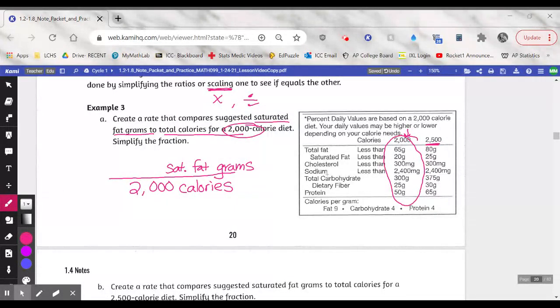So each row here breaks up the diet into different parts because we eat different kinds of nutrients throughout the day or for our overall diet. So we have fats, we have cholesterol, we have sodium, we have carbohydrates, we have protein.